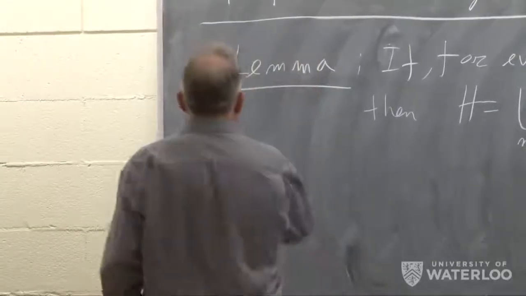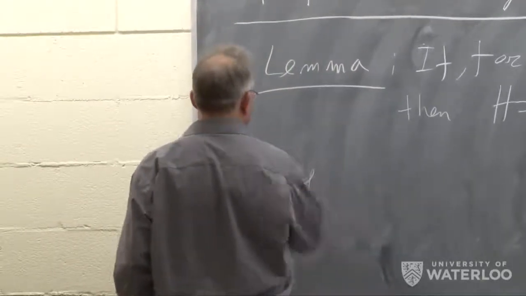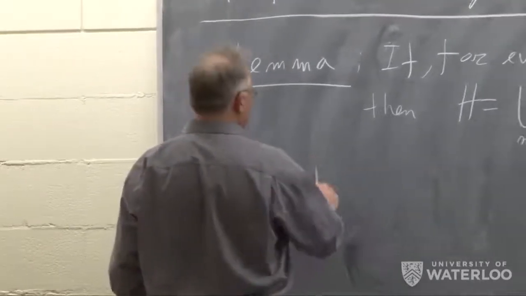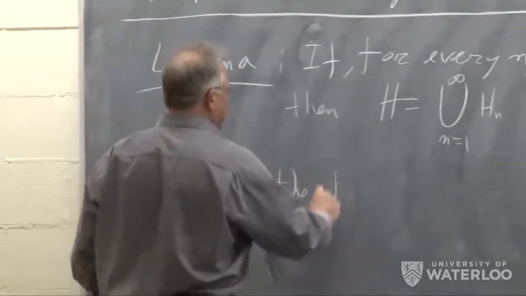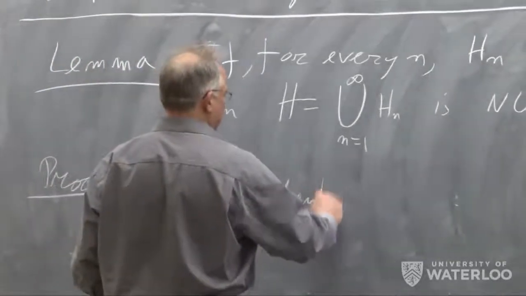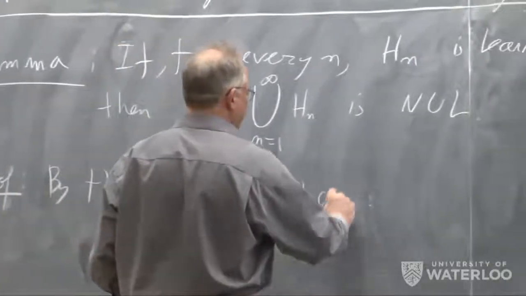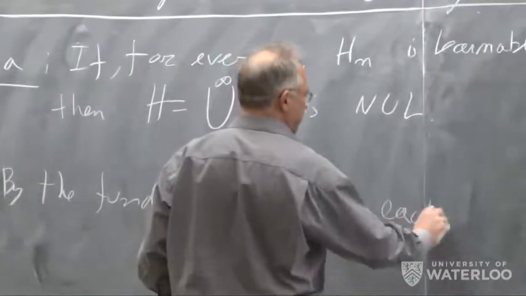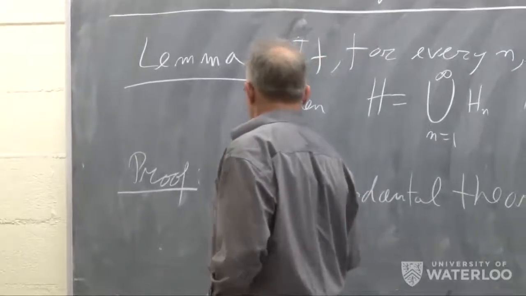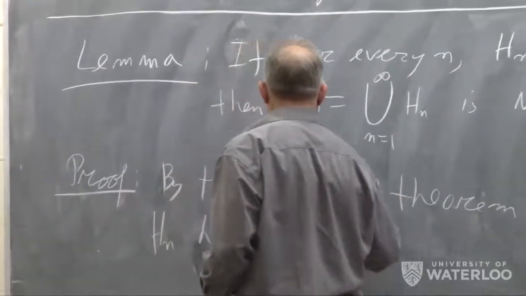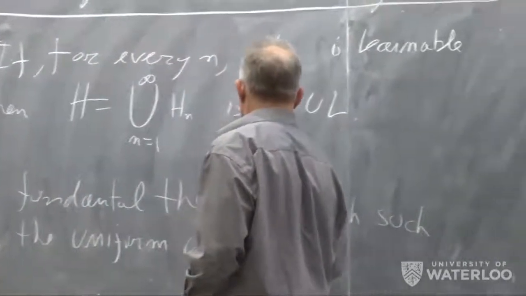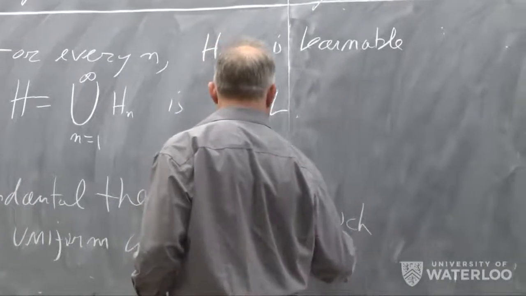And the way we will show it, we will assume, by the fundamental theorem, so this is step 1: each such Hn has the uniform convergence property.